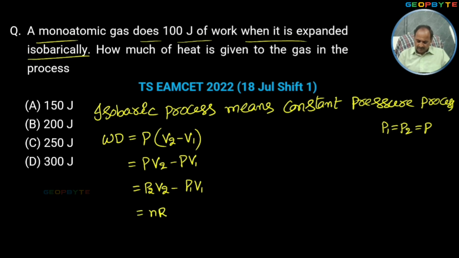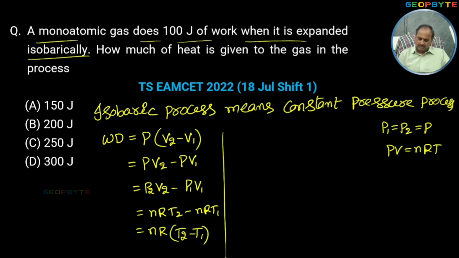It is nRT2 minus nRT1 because the ideal gas equation is PV equal to nRT. Here it is nR into T2 minus T1. That is the work done, and nR into T2 minus T1 is given as 100 joules.